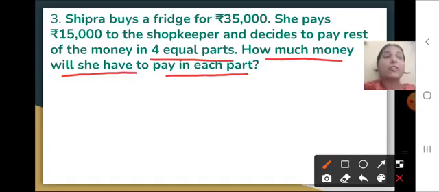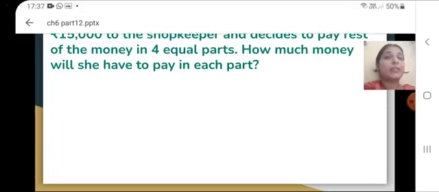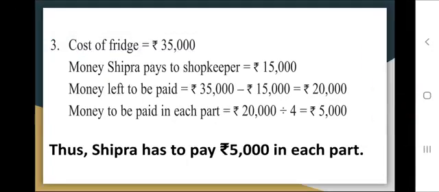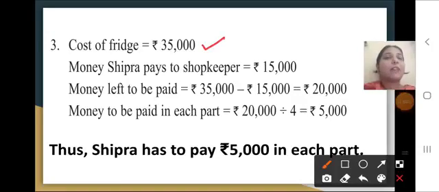Again, you have to read and understand that Shipra is buying a fridge which costs rupees 35,000. So she pays rupees 15,000 to the shopkeeper and decides to pay the rest of the money in 4 equal parts. First we will write what is given. Cost of fridge is given, which is rupees 35,000.